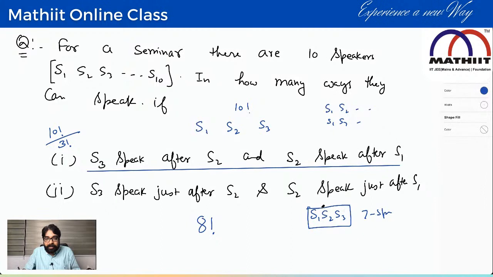So internal arrangement is not allowed. So the number of ways of arranging is 1 way. Or if you want to do it the normal way, total internal arrangement will be 3 factorial, but since internal arrangement is not allowed, divide by 3 factorial. But no need of writing like this. Simply you can say 1 way. So the answer will be 8 factorial. I hope it's clear to everybody.